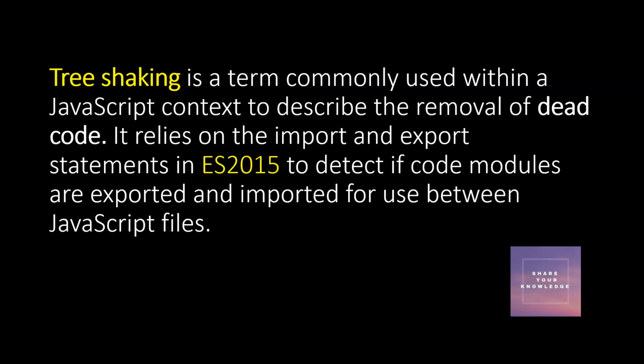Only at runtime in the browser we will have access. So if you want to enable tree shaking, you need to make sure that your application uses ES 2015, not CommonJS. This is the most important thing you need to know.